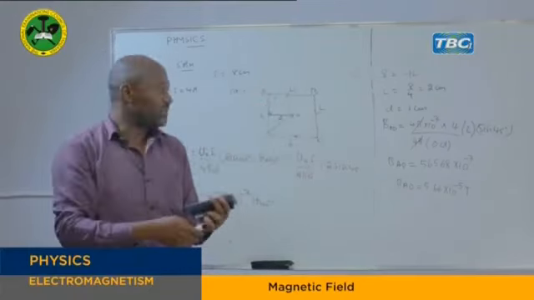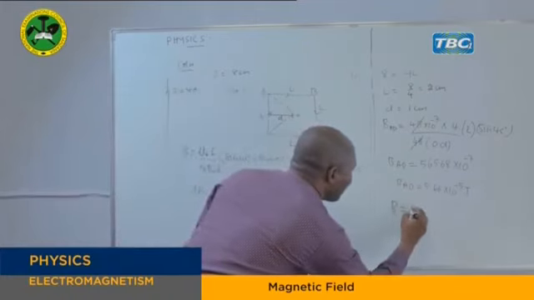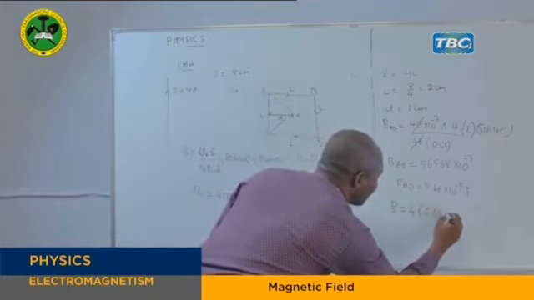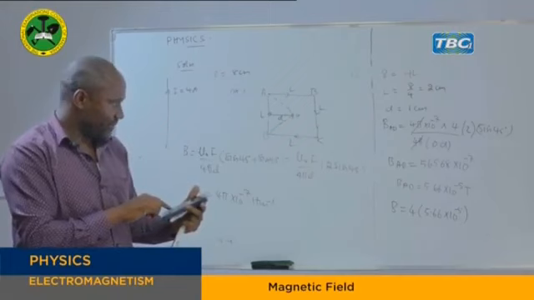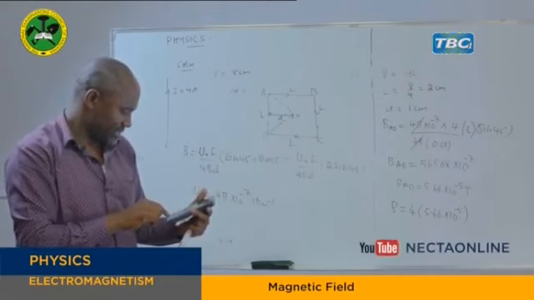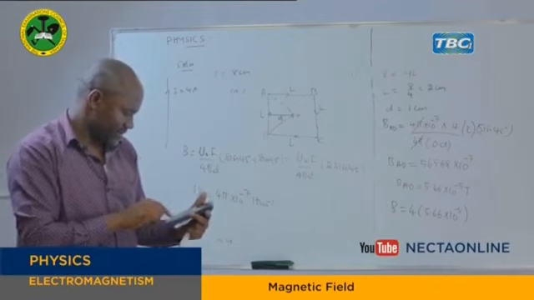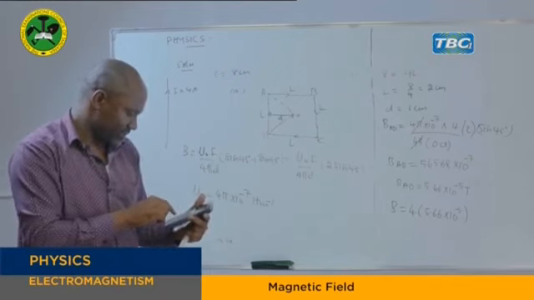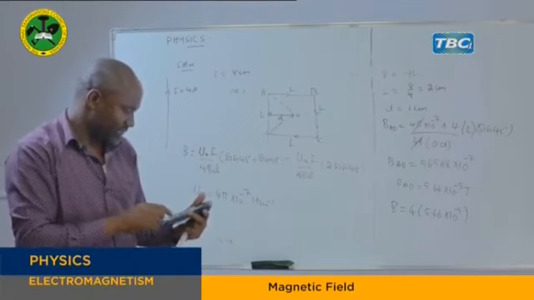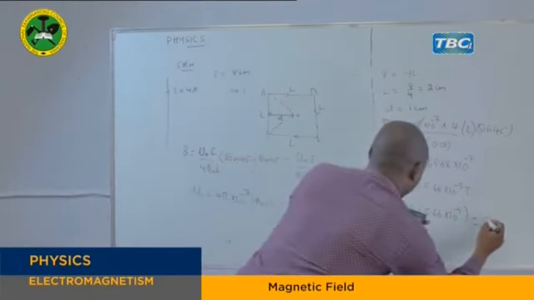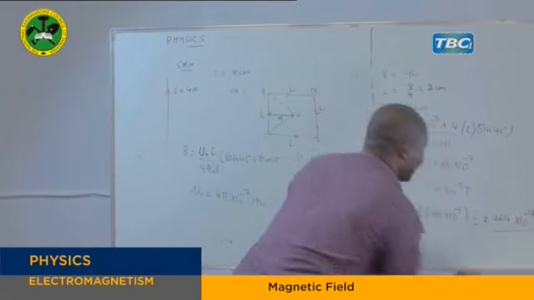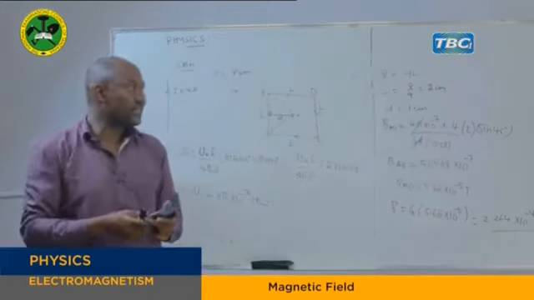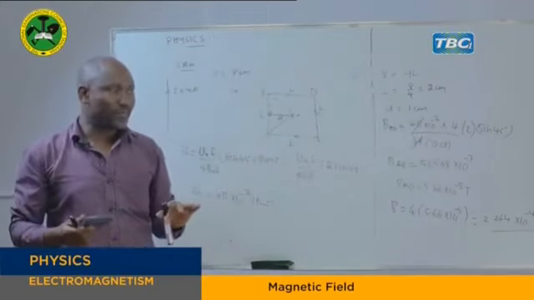So the total magnetic flux density is 4 times that value. 5.66 times 10 negative 5 times 4, you get something like 2.264 times 10 negative 4 Tesla. That's the value of the magnetic flux density for a square loop.